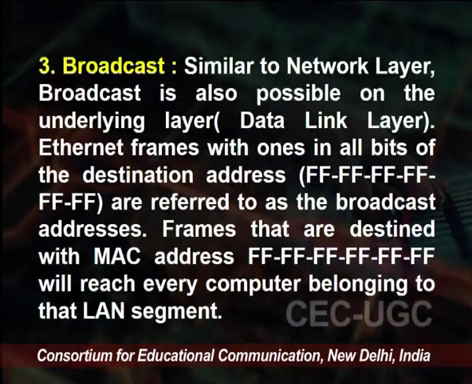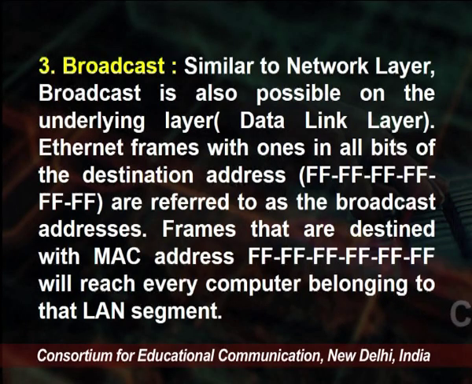Moving on to the broadcast. Similar to the network layer, broadcast is also possible on the underlying layer, the data link layer. So, the broadcasting facility is available on the network layer, and it is also available on the data link layer. Ethernet frames with ones in all bits of the destination address are referred to as the broadcast address. So, which address am I referring to? I am referring to FF FF FF and similarly the second trio also FF FF FF.